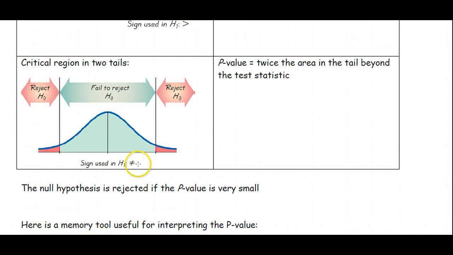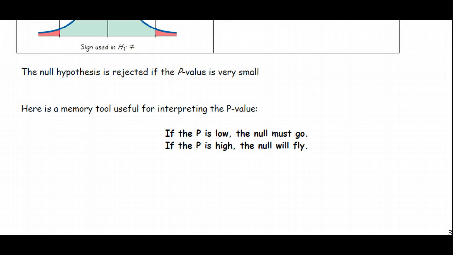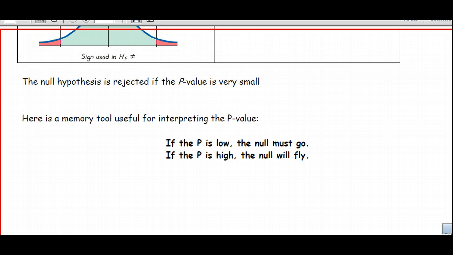And if it's a not equal to, I should have both sides, and I have two rejection areas. So whether it's low or high, it could be rejected. The null hypothesis is rejected if the p-value is very small. Now, this depends on alpha.